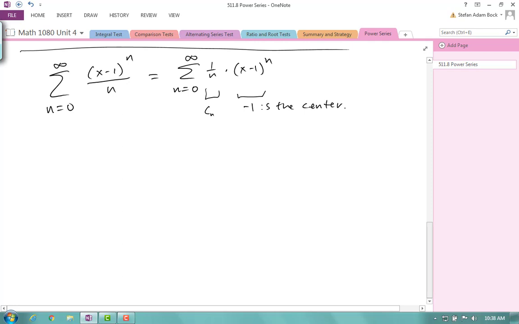And it'll ask a question like, find all values of x for which the power series converges.